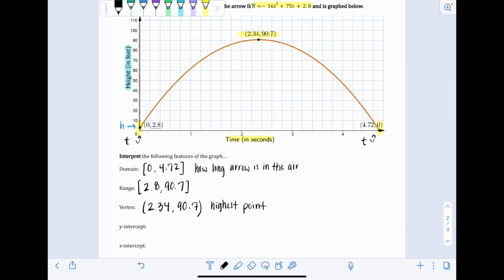And then I forgot to add the written context for the range, but for written context, it's just I guess the span of the heights of the arrows. It may have a better way to say it, I'm not sure. But we could say the span of the height.